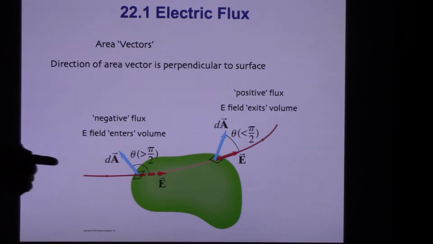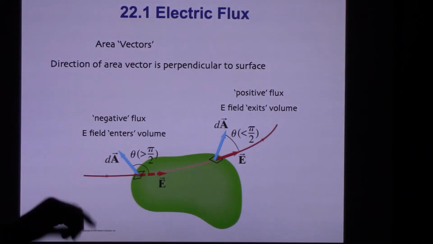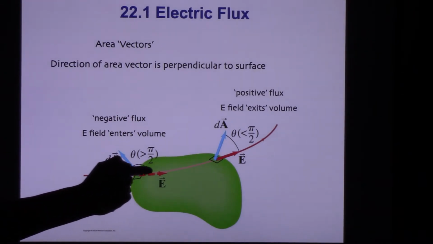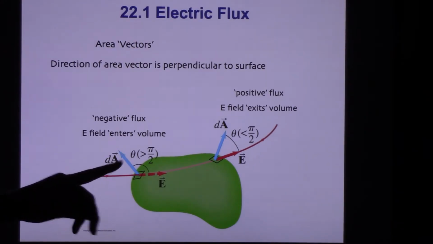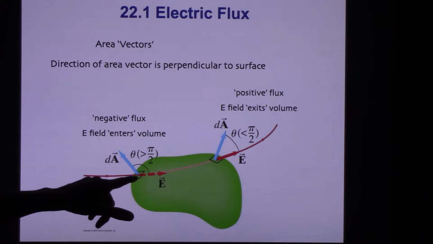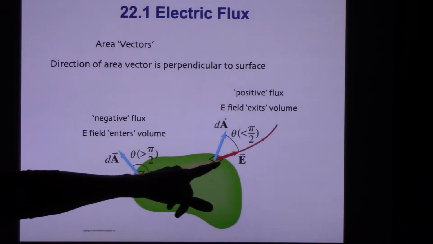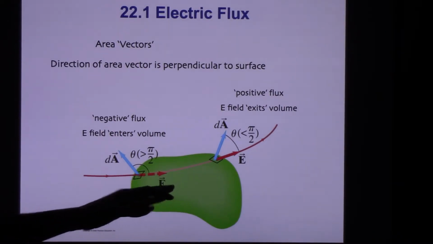If we follow an electric field line, if there are no charges inside here, it would have to be the case that each electric field line that comes in also crosses back out again. If we follow an E field line, there's a place where it crosses the surface inwards, and then a place where it crosses outwards. The number of E field lines going in and coming out have to match if there's no charge inside.